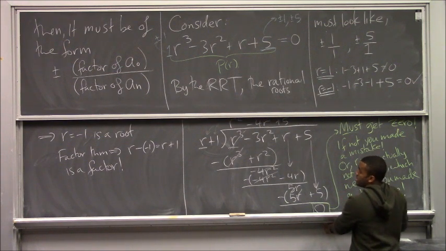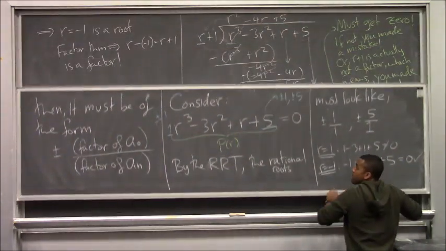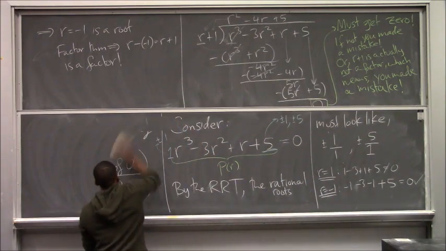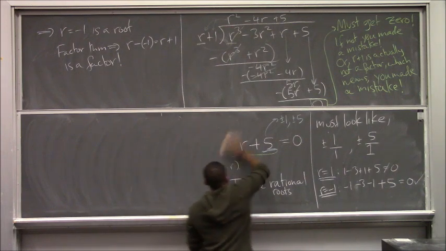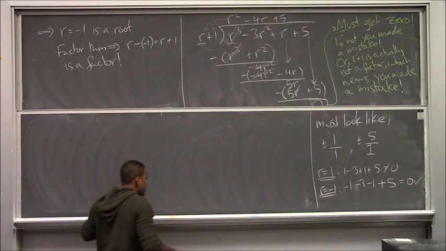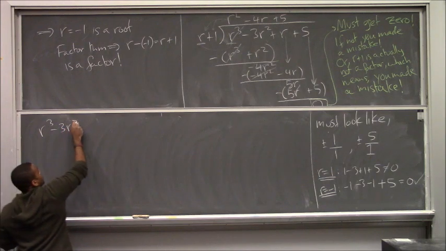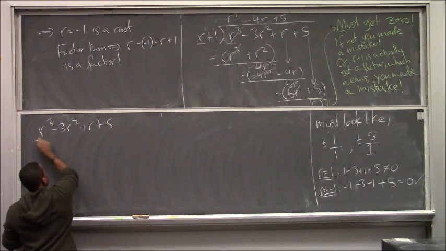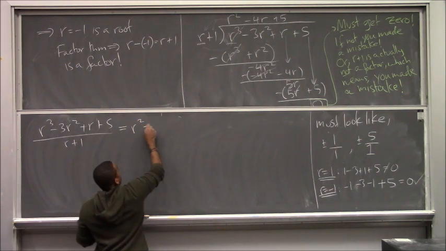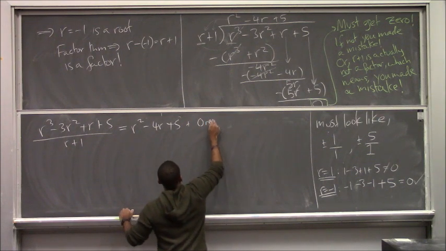Now, the fact that I got a 0 means the following. Here's what that means. This means when I take r cubed minus 3r squared plus r plus 5, and I divide it by r plus 1, the result is going to be r squared minus 4r plus 5 plus 0 remainder.